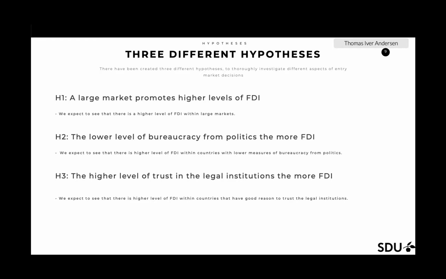We expect to see that there is a higher level of FDI within countries with a lower measure of bureaucracy from politics. The higher level of trust in legal institutions, the more FDI. So in hypothesis number 3, we expect to see there is a higher level of FDI within countries that have good reason to trust the legal institutions.